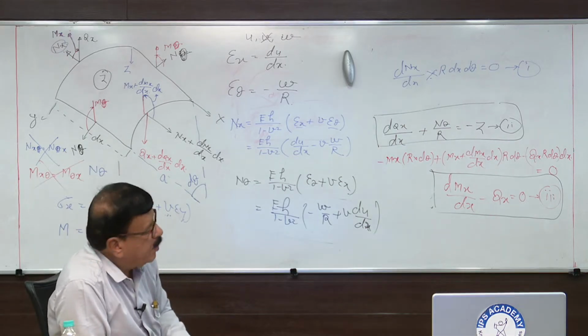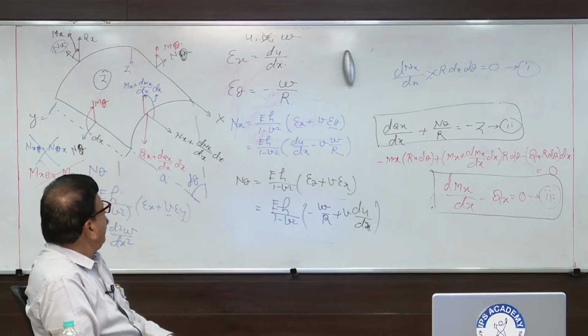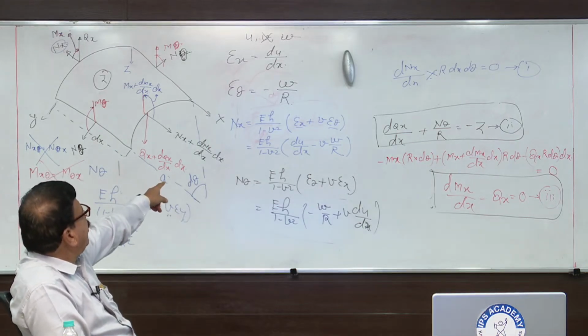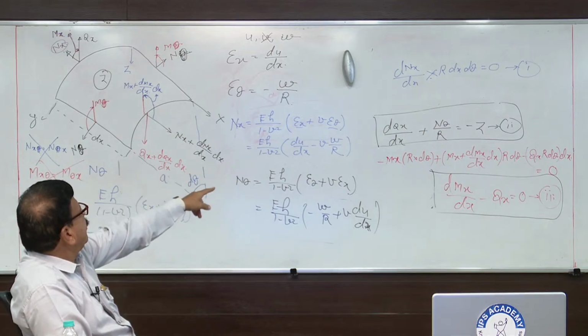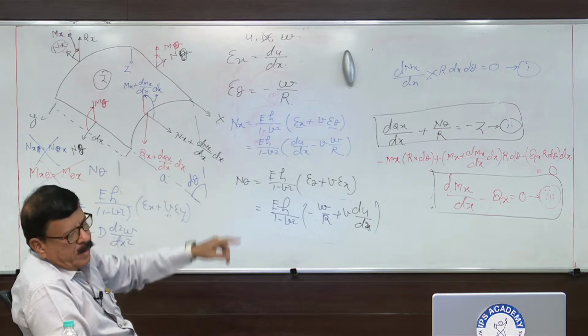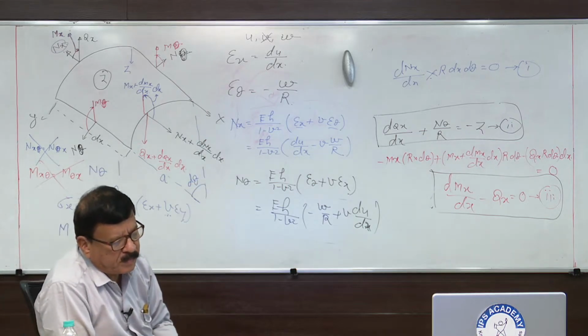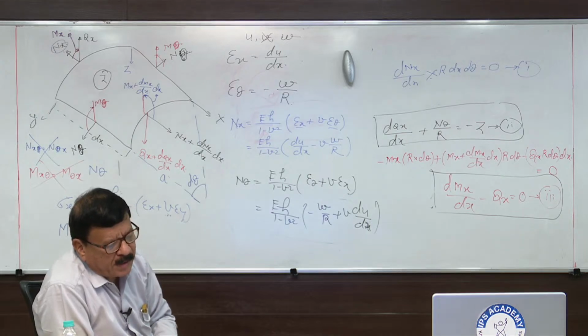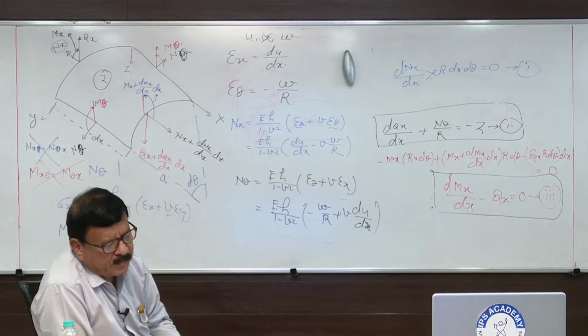So, if you will make it 0, what you will get from this? Nx is equal to Eh upon 1 minus mu square, du upon dx. What is the value of du upon dx?